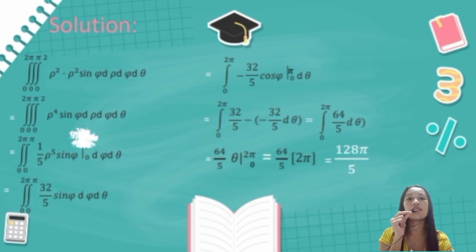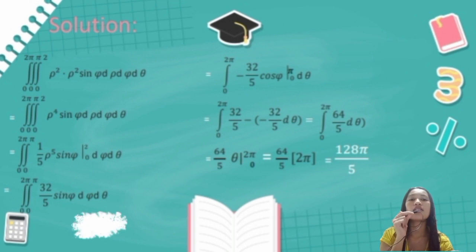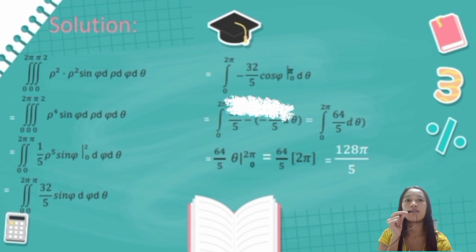Treating phi as a constant, we will have 1/5 rho to the fifth sine phi. Replacing rho with 2, we would have 32/5 sine phi, and then when rho is 0, this should be 0. Now we integrate with respect to phi. That's going to give us negative 32/5 cosine phi.